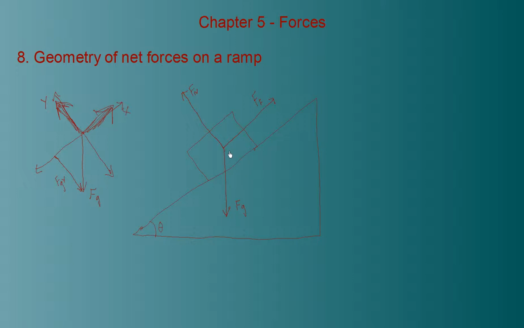The block isn't shooting up off the ramp either, so the net force in the y direction must be 0. F net y equals 0. If that's the case, Fgy has to equal Fn. This normal force has to be cancelled out by the y component.